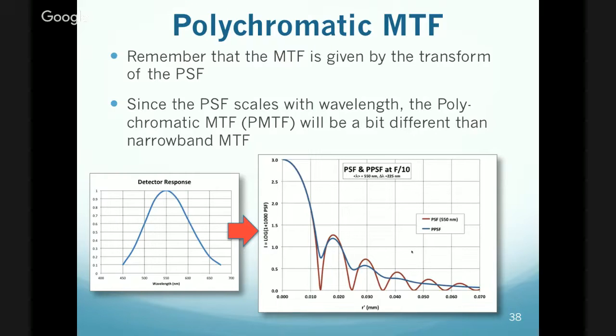The blue line is the polychromatic PSF, and it smooths out the PSF a little bit. So when you take the transform of the polychromatic PSF, it's going to give you a slightly different MTF. Again, I didn't have the tools to do an easy calculation to show you the difference, but it will be different when you're looking at broadband. Everybody argues about the narrowband stuff, and it's good for illustrative purposes, but it's not the real thing.